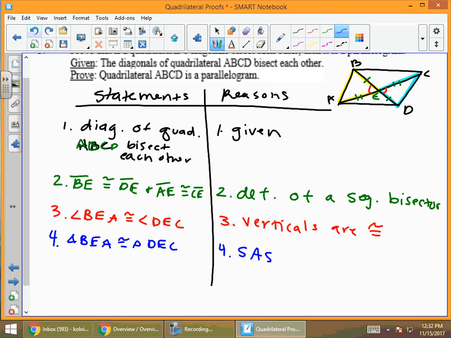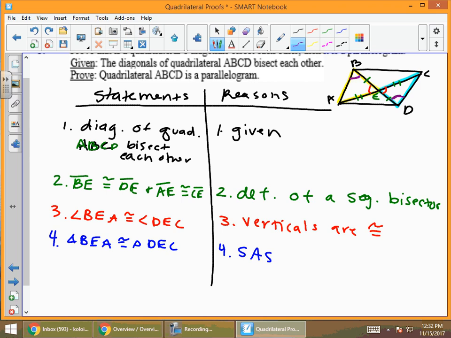If we know the triangles are congruent, then we know their parts are congruent. And the parts we want to show are congruent are the angles, because we are going to reverse what we did on the last proof. Because if we can show that in this quadrilateral, alternate interior angles are congruent, then we know we have parallel lines. So I'm going to state that this angle and this angle are the same.